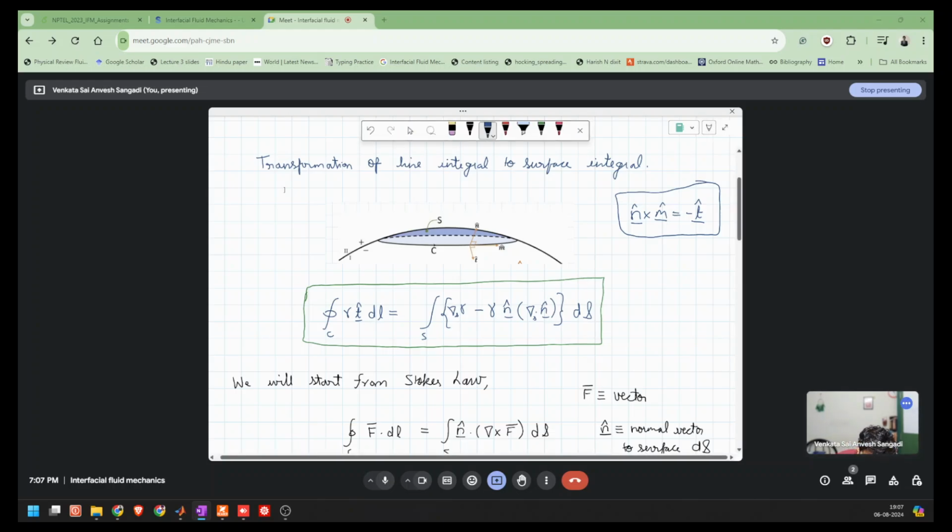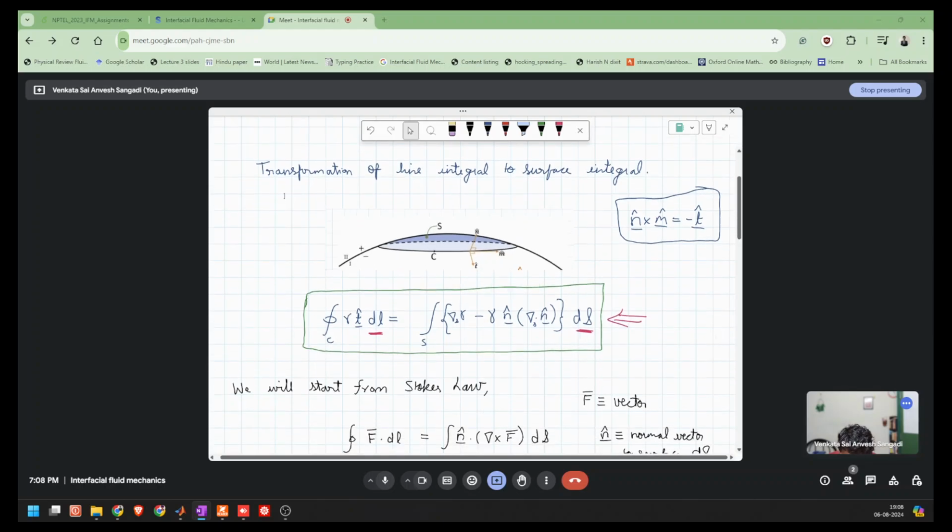That is, the line integral is converted into the surface integral. We see that this expression is used directly in the class, but there is some merit in deriving this equation. Therefore, I'll go over the derivation.